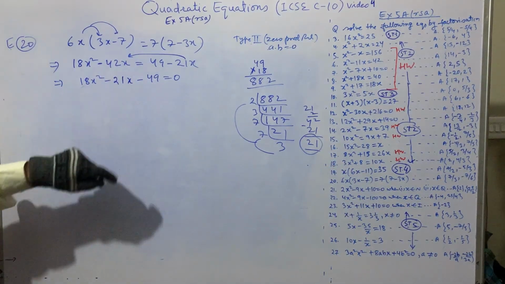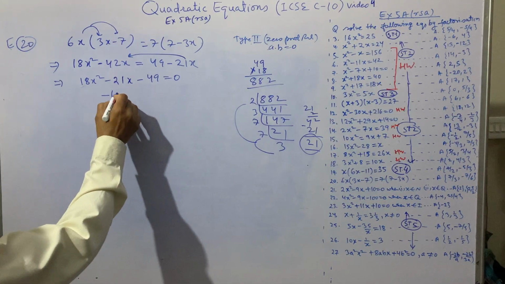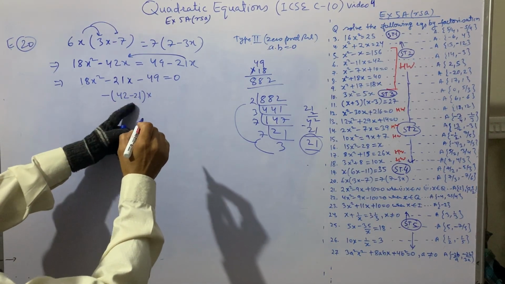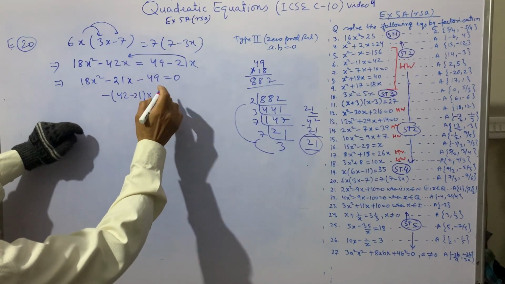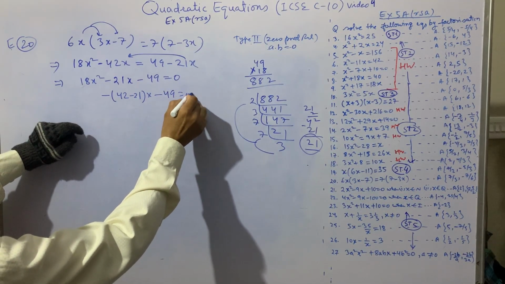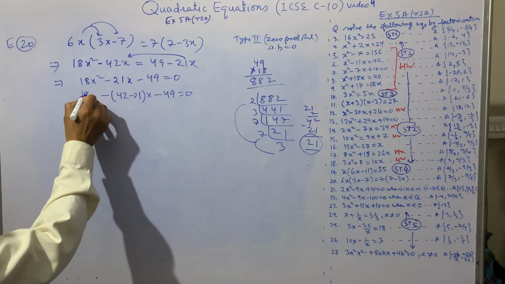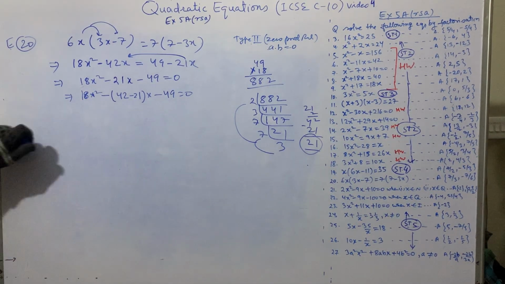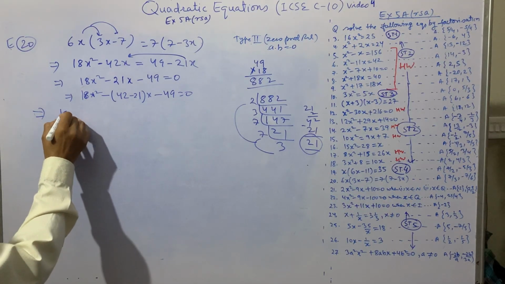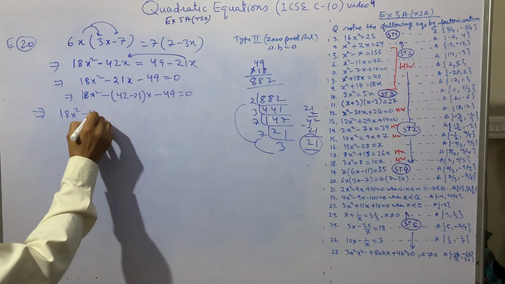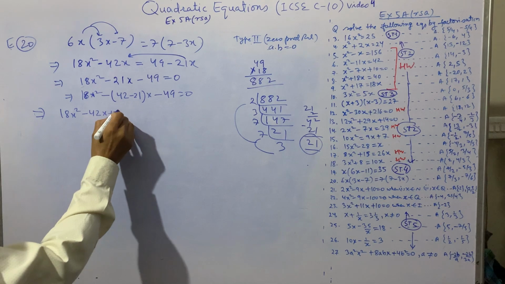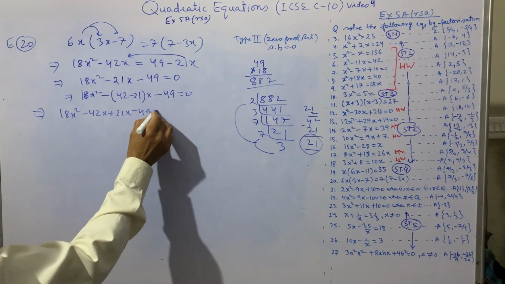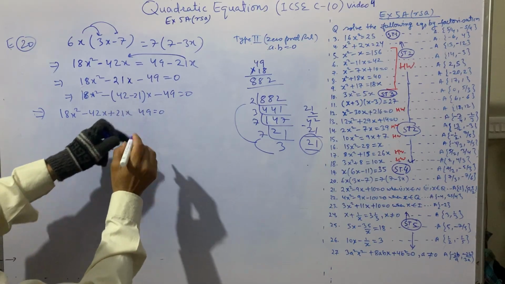So we are doing 42 minus 21 to get 21. Opening the bracket, solving it, 18x square minus 42x plus 21x minus 49 is equal to 0.